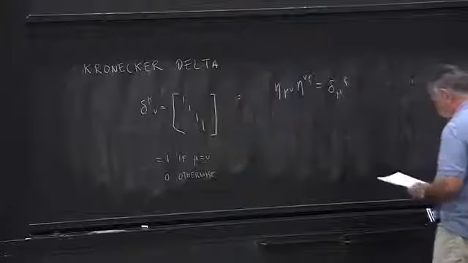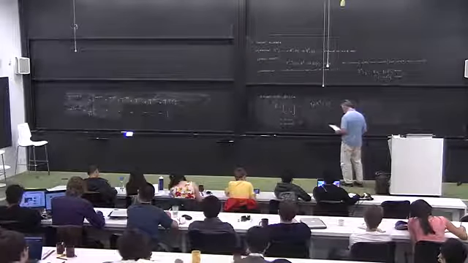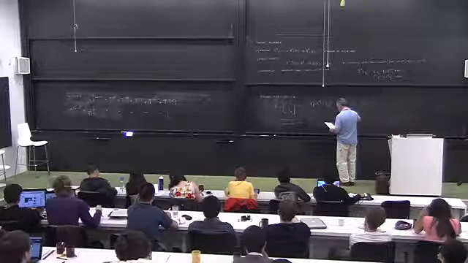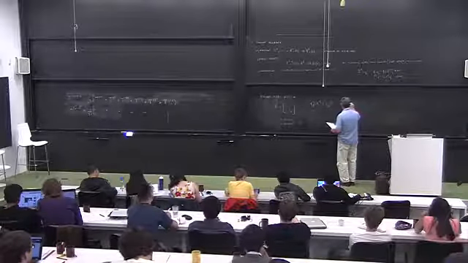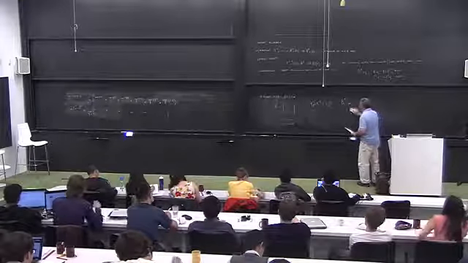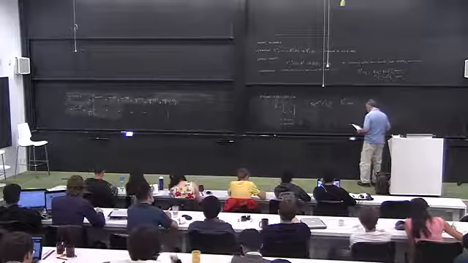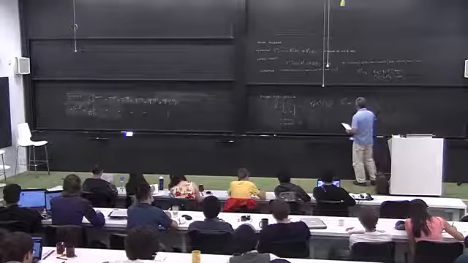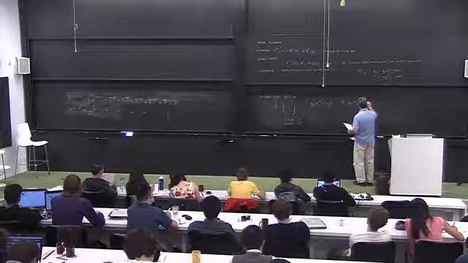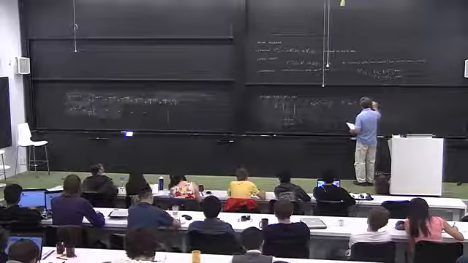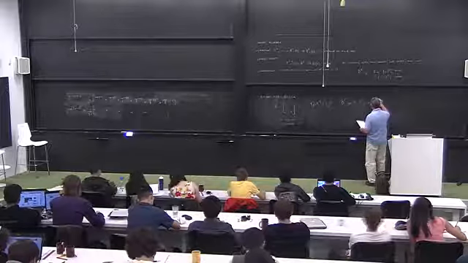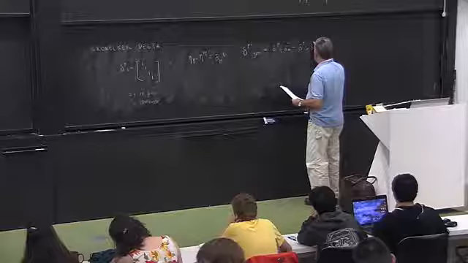Now we can generalize this. You can define something with 2 upstairs indices and 2 downstairs indices, which is this combination delta mu rho delta mu sigma minus the other way around, delta mu sigma delta mu rho.